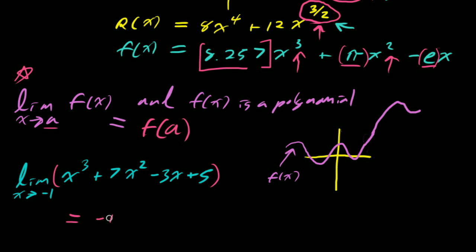So therefore, we can say that this is equal to -1 cubed plus 7 times -1 squared minus 3 times -1 plus 5.